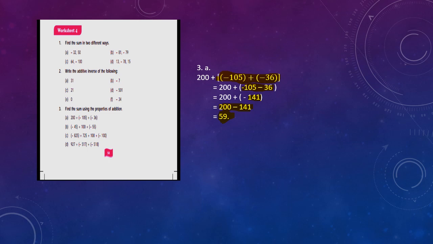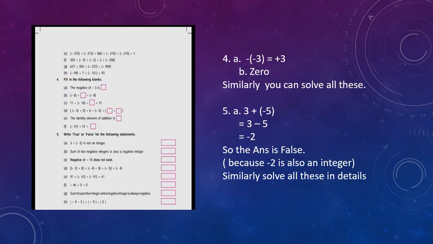Now come to the next question. Question number 4. Fill in the blanks. It means you have to fill the boxes with the properties you have read in the chapter and utilize them to solve these questions. Like 4a, the negative of minus 3 is.